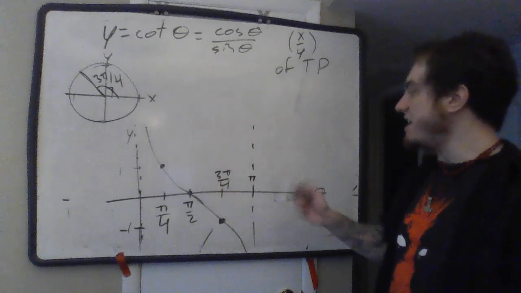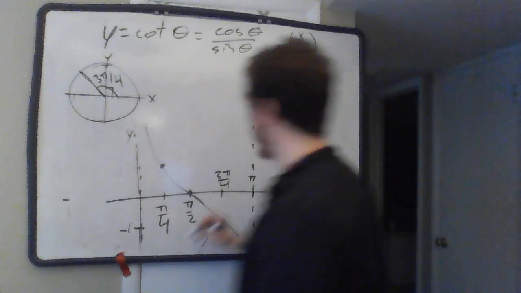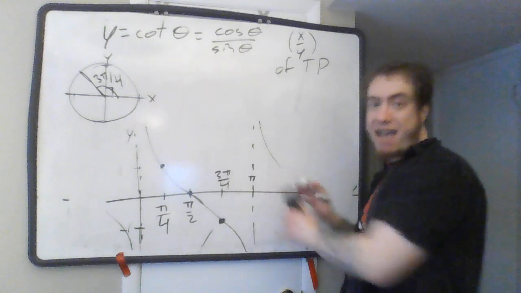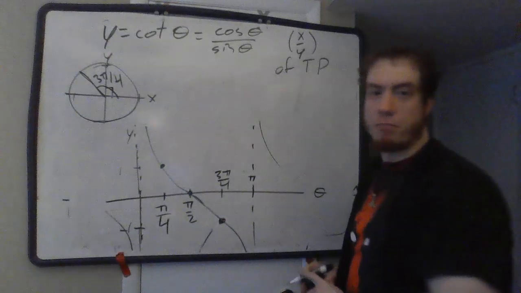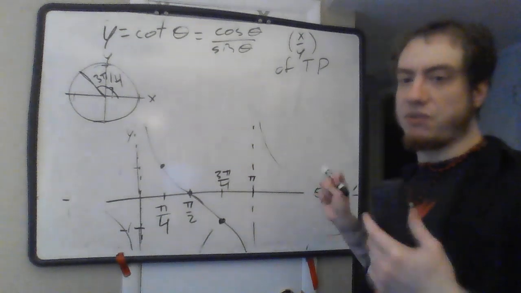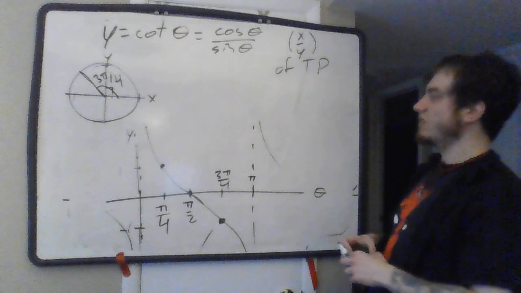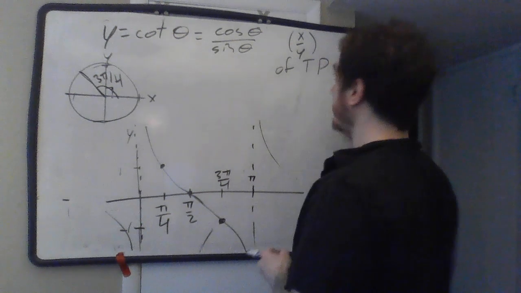But it's the same basic snake shape. And once again, you're going to get the same shape repeating forever in both directions. So you keep on getting this same pattern every time you move by an interval of pi. Once we have this one interval graphed, we get everything else for free. Again, look in your book for some slightly better graphs of this maybe.